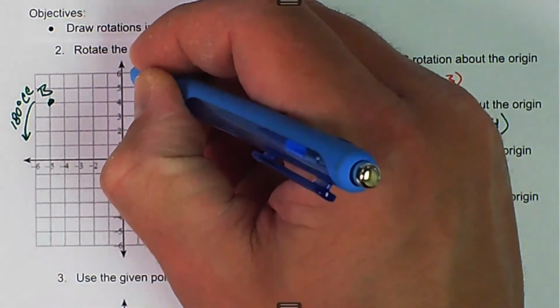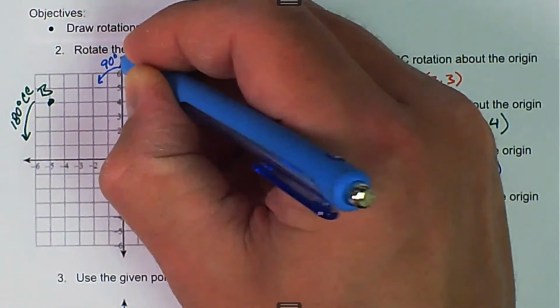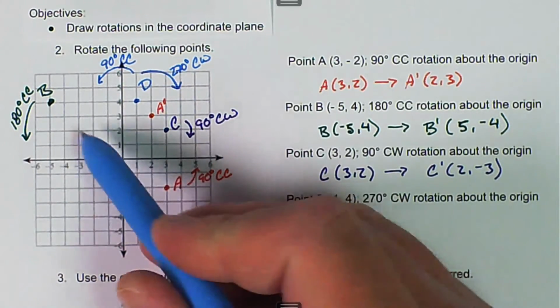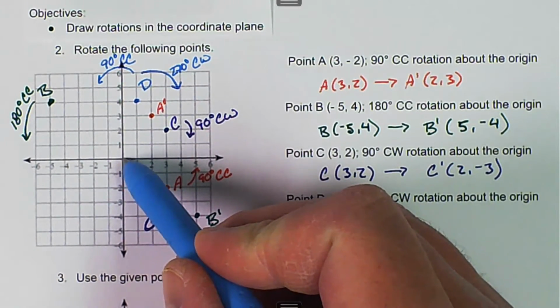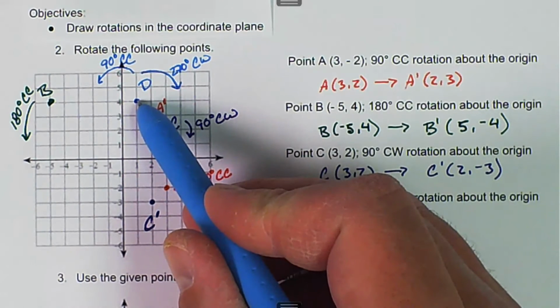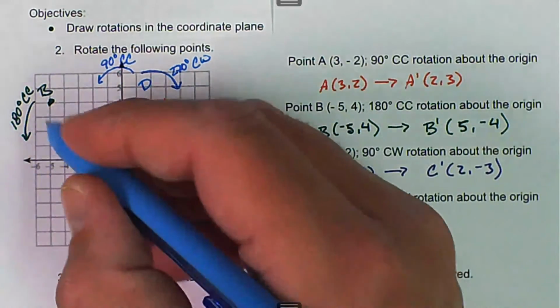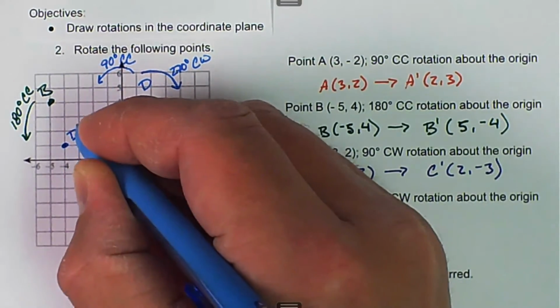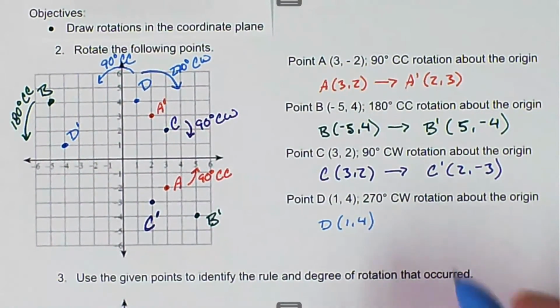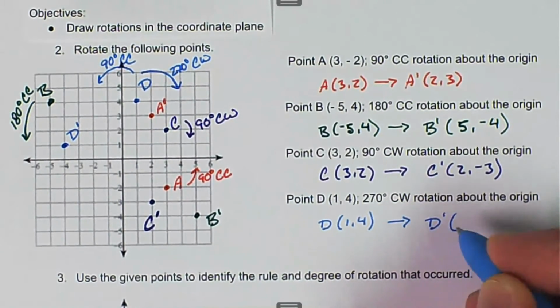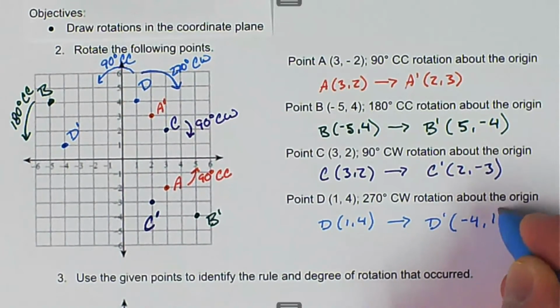So instead of doing that, I do a 90 degree counterclockwise rotation. I think it's just easier to manipulate, and you end up in the same quadrant anyway. So we go out 1, turn left, and left 4. So out 1, left 4, and we're right here, and that's going to be D prime. So our new coordinates there become (-4, 1).